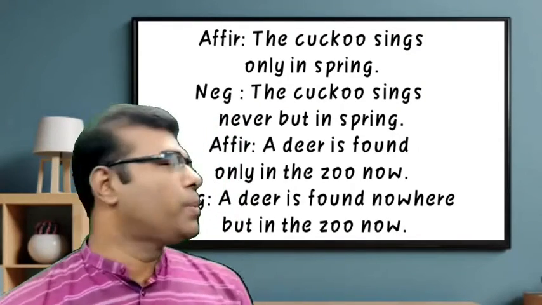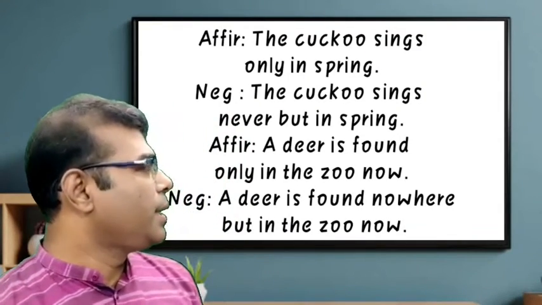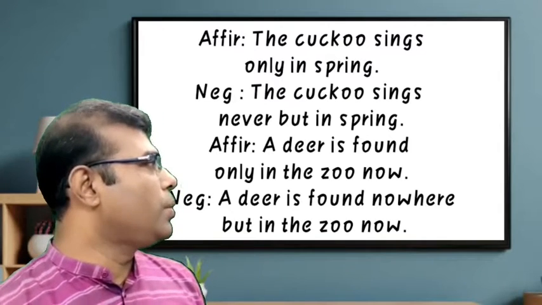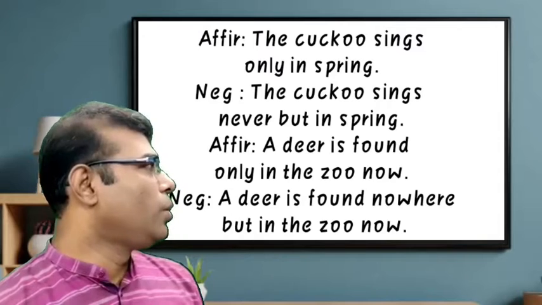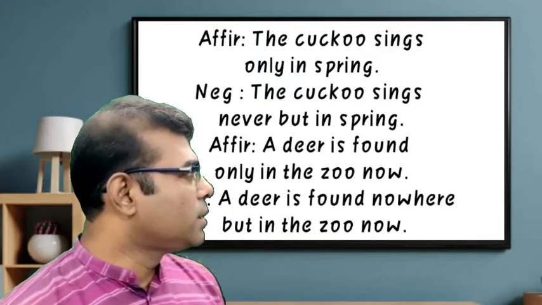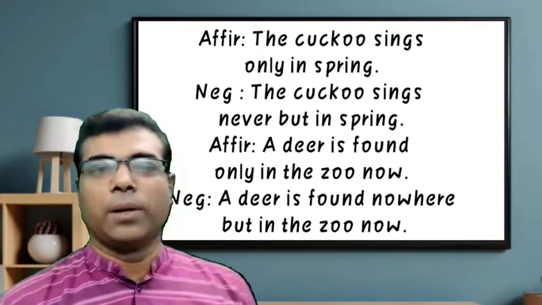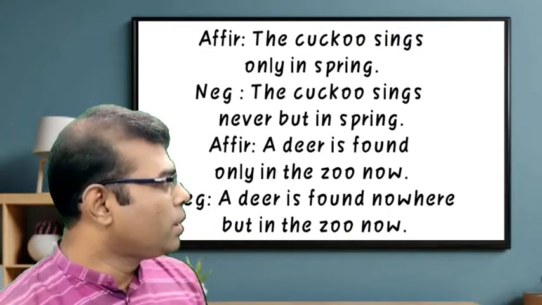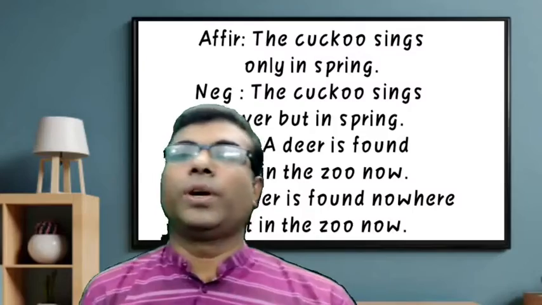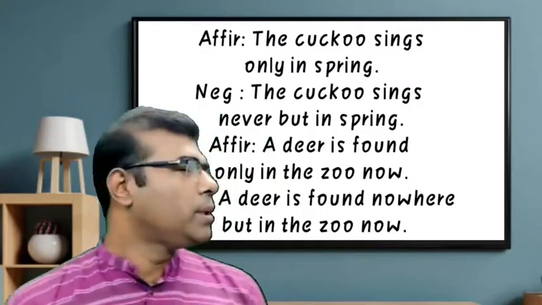Here only is used before a place. If only or alone is used before a place, then we have to use nowhere but instead of only or alone. A deer is found only in the zoo. A deer is found nowhere but in the zoo.